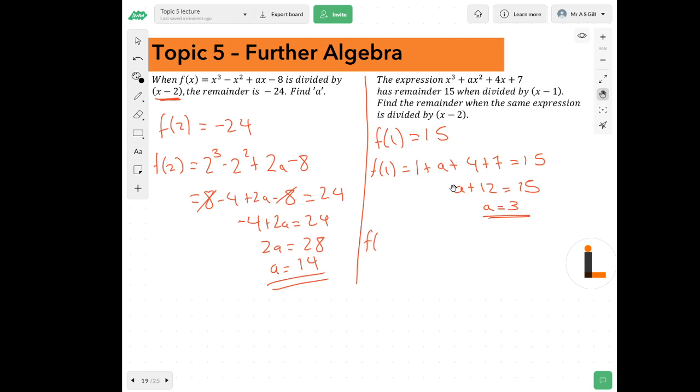Then we restate f of x before doing part 2, because it just makes it easier.